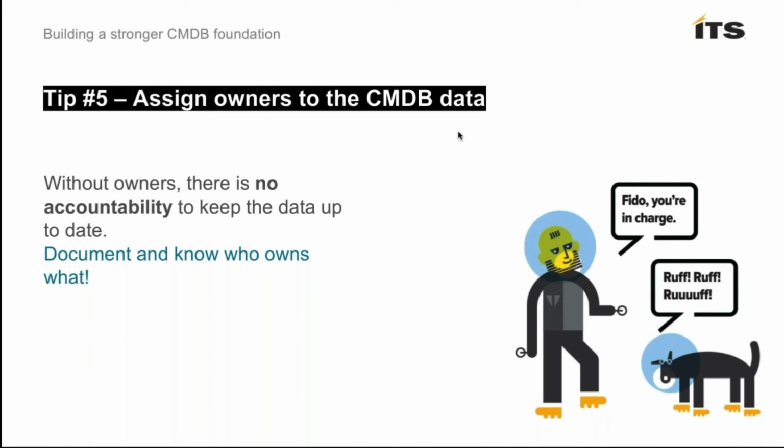So when we talk about the CMDB itself, we need to talk a little bit about impacts that other places inside of ServiceNow are going to have on the CMDB. For example, we talked a little bit about asset management, and asset management has a direct impact on the CMDB based on how it's configured inside of ServiceNow.